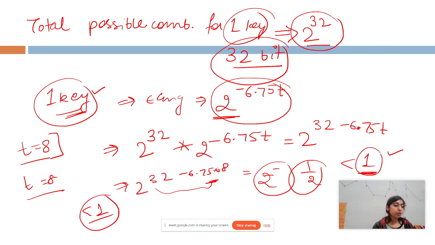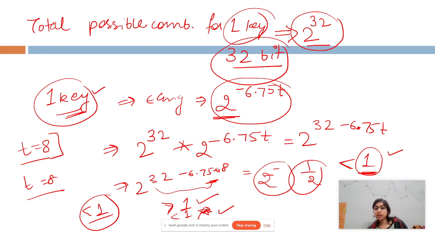So the key thing that was left here was for you to recognize whether this value will be more than 1 or less than 1. In case this value is less than 1, you can be able to recover the plain text.